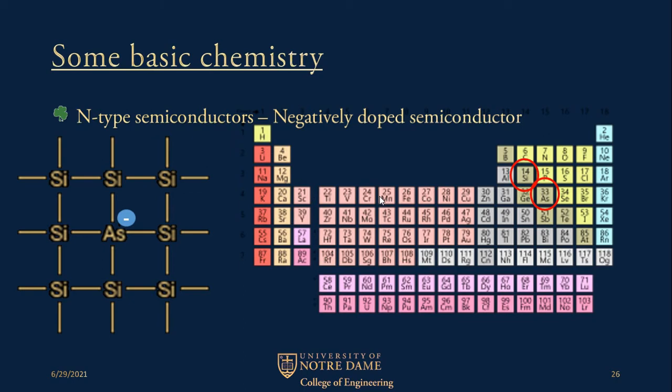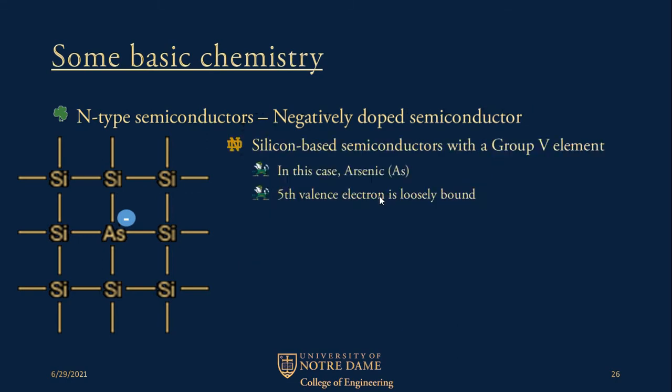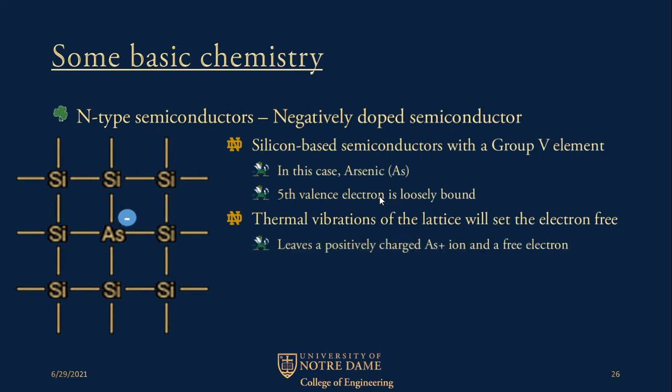We see here that arsenic is a group 5 element and is next to germanium in the periodic table. And group 4 also contains silicon. So what happens is you get a thermal vibration of the lattice, and that will actually set the electron free. We see that the electron will actually move. This leaves a positively charged arsenic ion and a free electron.